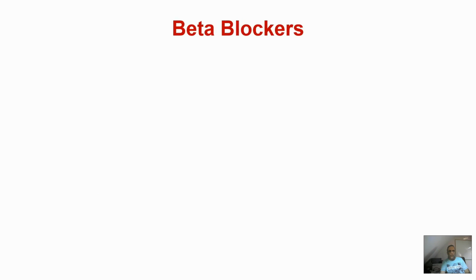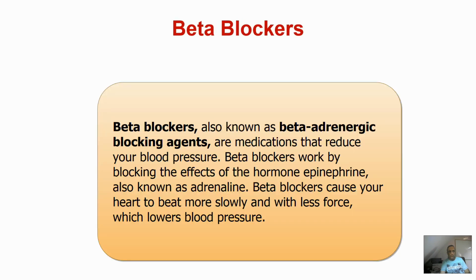First, we start with the beta blockers. Beta blockers, also known as beta-adrenergic blocking agents or beta-adrenergic blockers, are medications that reduce blood pressure. They work by blocking the effect of the hormones epinephrine and norepinephrine, or adrenaline and noradrenaline.